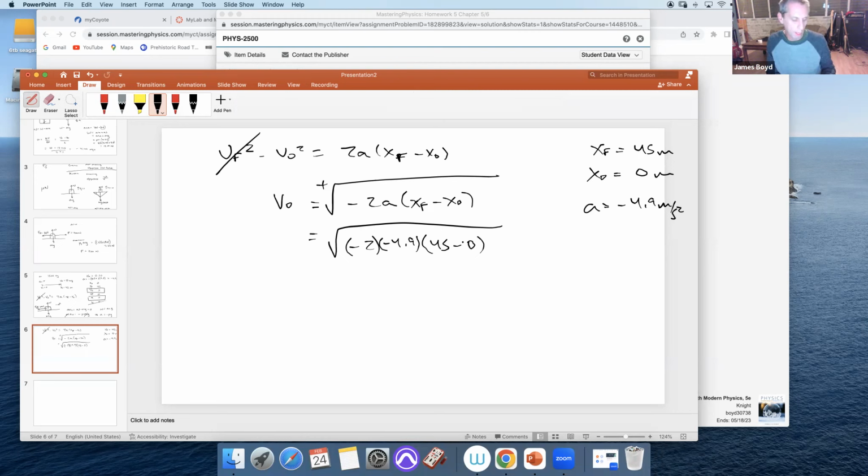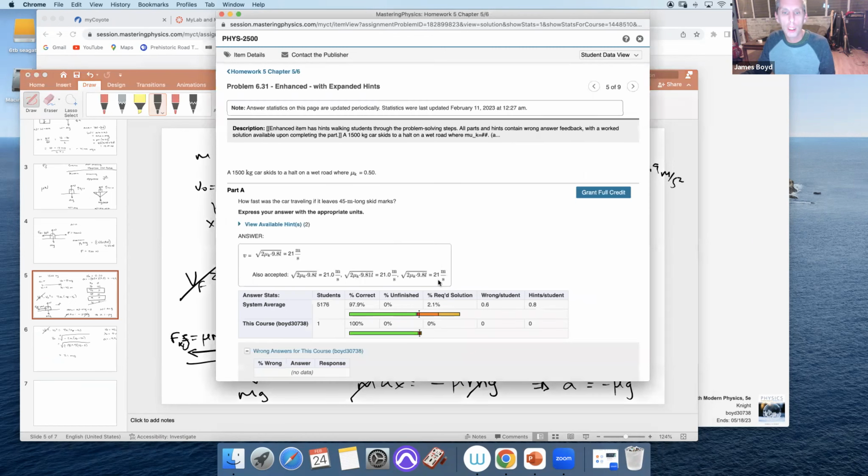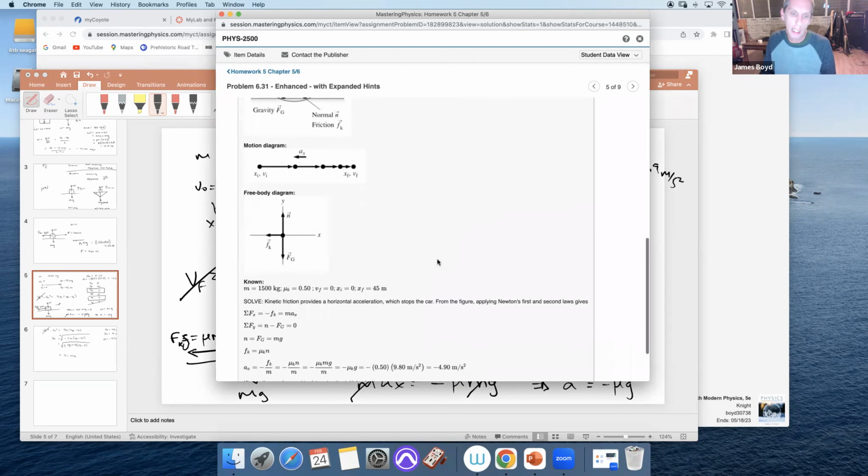Take the square root of that answer, and I get 21 meters per second. So in this problem, I had to use a free body diagram to figure out that the acceleration was negative mu g. Once I had that, I just had to set it up as a constant acceleration problem: 21 meters per second. Okay, and that's it.